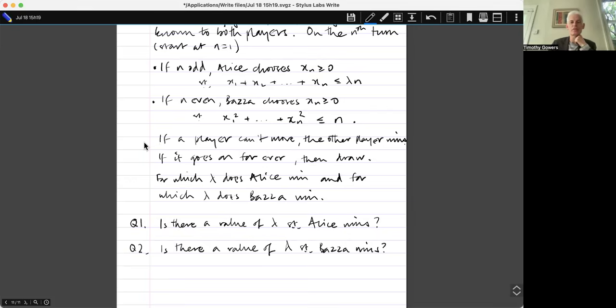All right, so I think at least one of these questions has an easy answer. So I think if lambda is big, then Alice can choose x1 to be reasonably big, and then Bazza has no chance of choosing x2 because x1 squared will already be greater than n.